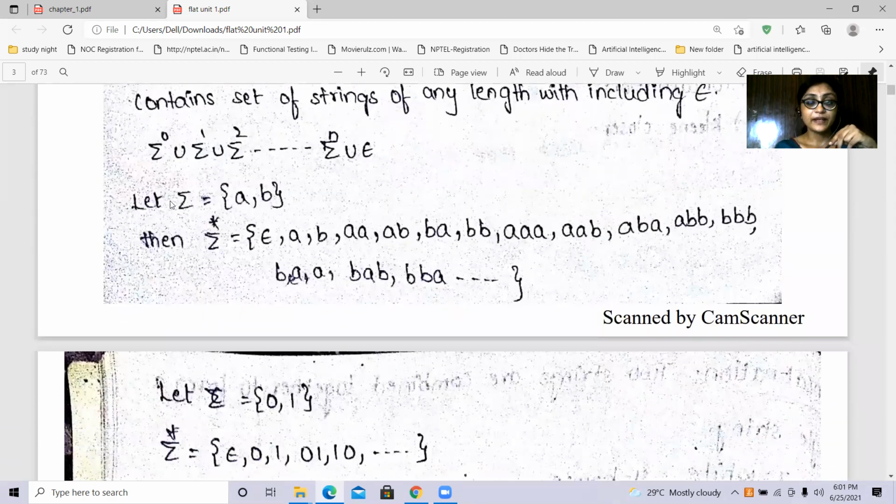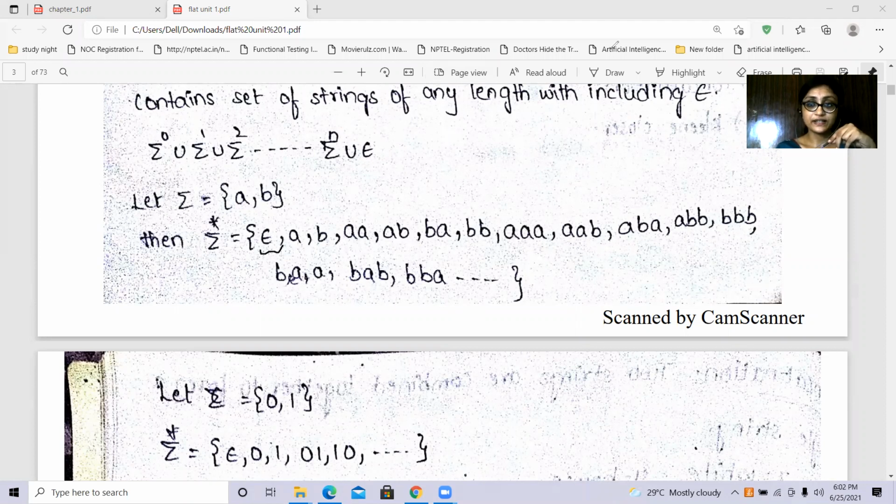So, if sigma equals A comma B, then it will definitely contain all the strings of length 0, length 1, length 2, length 3, length 4, and so on. We can go up to wherever we want. It is an infinite set. So we can say that the Kleene closure of an alphabet is an infinite set.